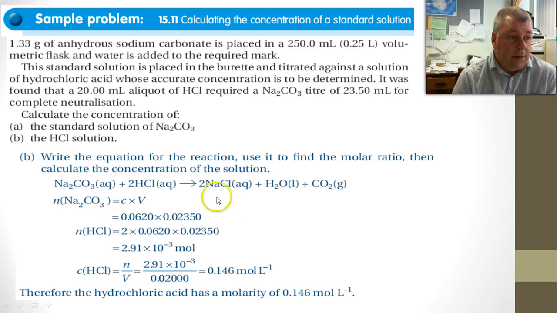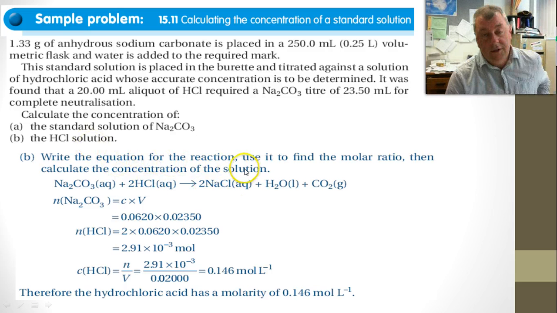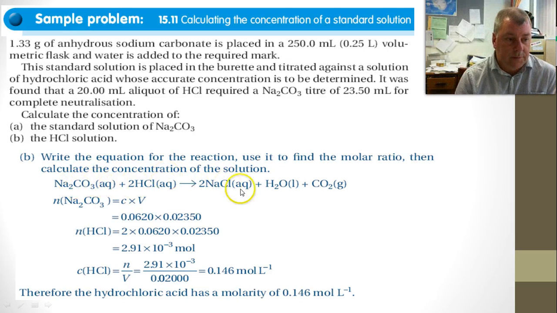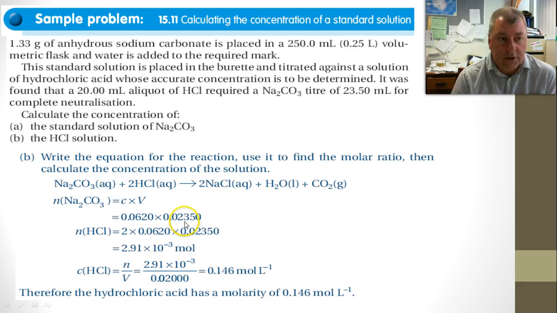Now, part B: write the equation for the reaction. This is where the stoichiometry comes in. So we write the equation. We've got the number of moles of sodium carbonate, and we've got the volume used, because that's our titration, and so we can work out how many moles that represents.